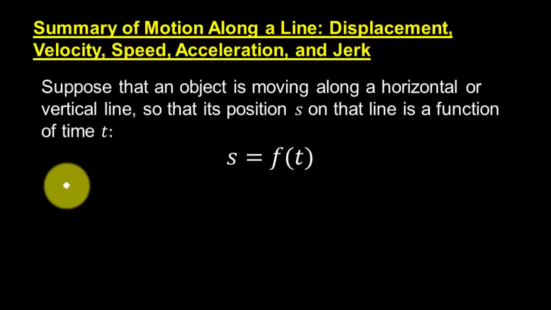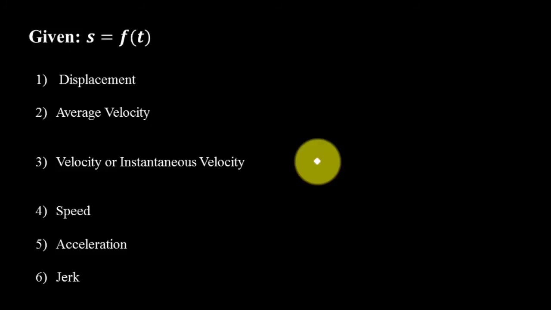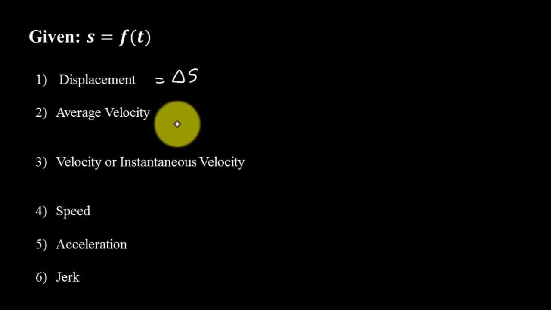Okay, summary of motion along a line. We have the displacement, the velocity, speed, acceleration, and jerk. Suppose that an object is moving along a horizontal or vertical line, so that its position s on that line is a function of time. Then displacement would be the change in s.